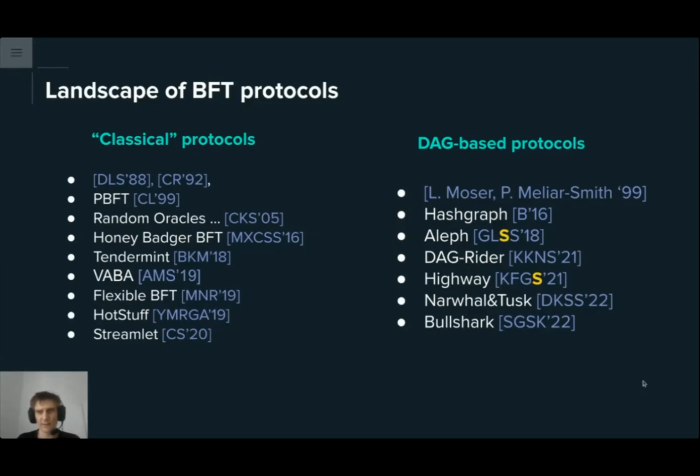Then 20 years later, many other protocols came, including Hashgraph, Aleph, Highway, Bullshark. These protocols all have their differences, many trade-offs between them, and I will not give you much detail about that, but they are at the same time also kind of similar, and they share the same properties and the same core idea.